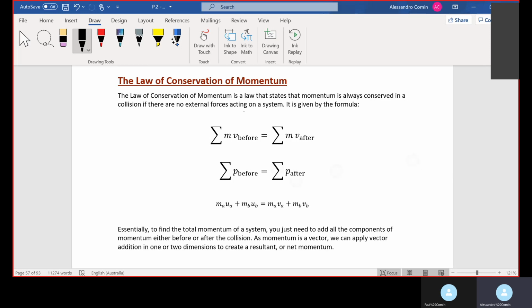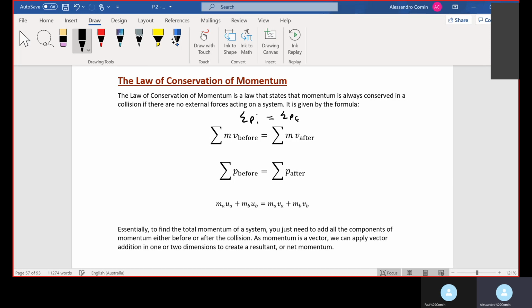It's given by the formula sigma pi is equal to sigma pf, which just means that the sum of all momentums before is equal to the sum of all momentums after. And for a two-body system where I have A and B, that's just going to equal ma ua plus mb ub is equal to ma va plus mb vb.